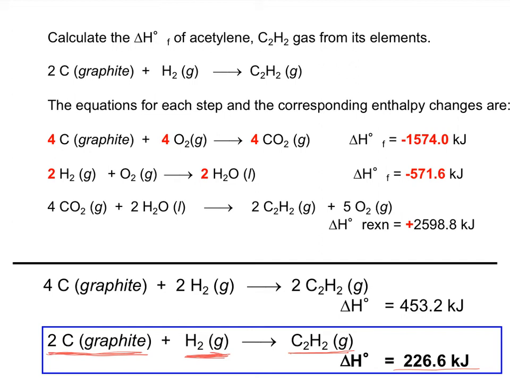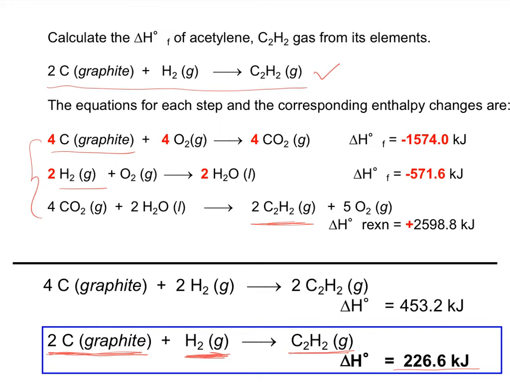Okay, this is quite a powerful technique because we cannot make this target reaction happen directly, but through 3 separate reactions: burning of the carbon, burning of the hydrogen, burning of the acetylene, which can be easily measured accurately. I mean, the heat of these reactions can be easily measured, and using these 3 reactions, we can obtain the change of the enthalpy of the target reaction very accurately.